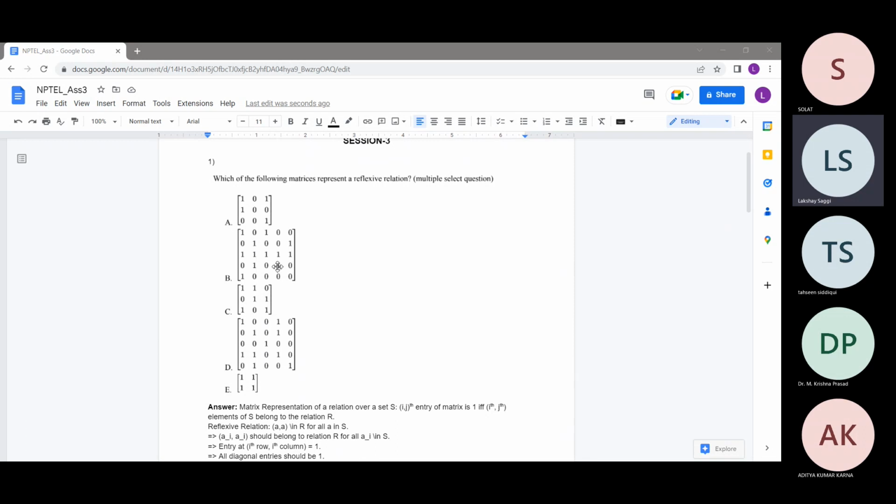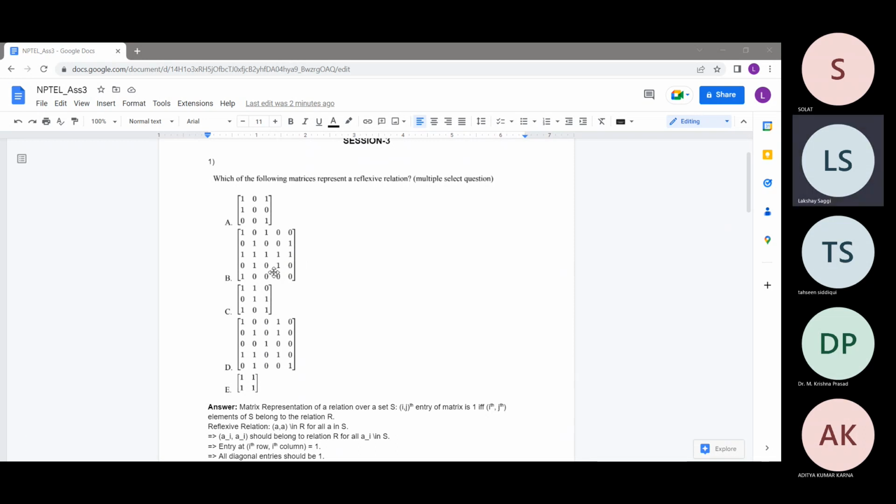Similarly for option B, I hope my cursor is visible to you guys. In option B, we can see this entry, the third row and the fifth column entry is 1 here. But the fifth row and third column entry for option B is 0. So this matrix is also not symmetric.